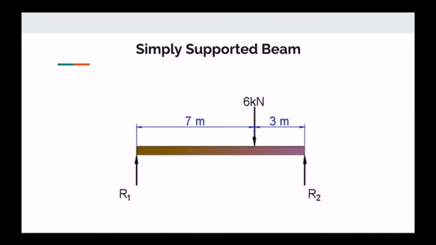When using moments, we have to choose a point. We can choose any point on the beam. However, in order to solve the equation, we have to choose one of the points where the loads are acting. We can choose R1, R2, or the 6 kilonewton force. However, when you choose the 6 kilonewton force, you will be presented with two unknown variables, which are R1 and R2.